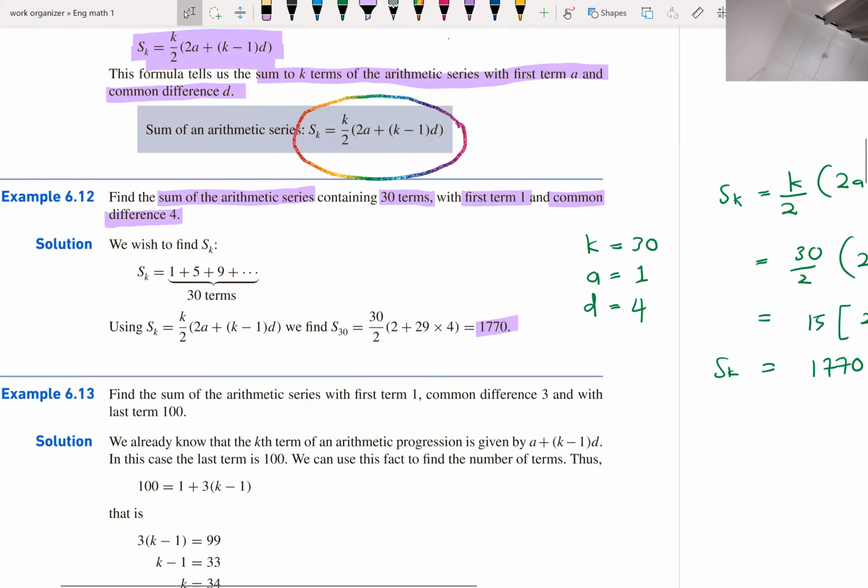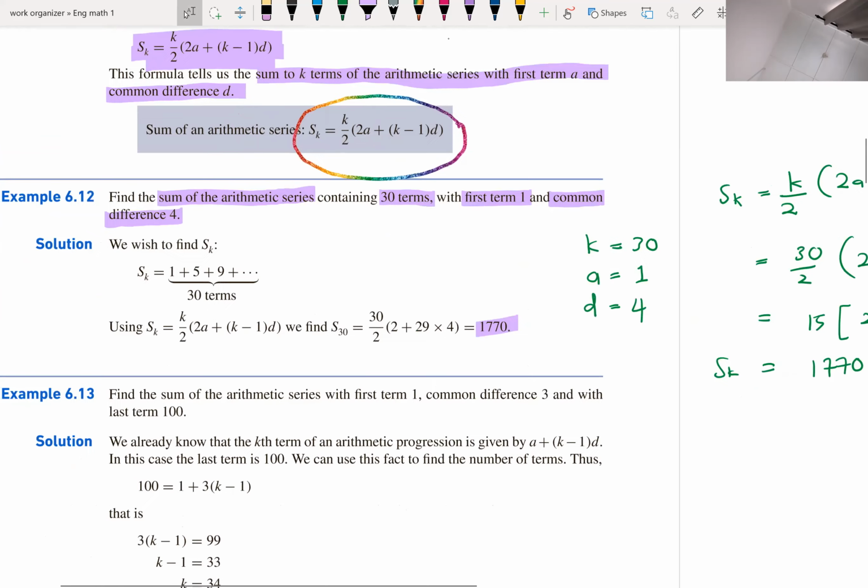Now we are going to get the K. So 1 plus 3K minus 3. This one will be 99, so 3K minus 3, so 3K will be equal to 102.